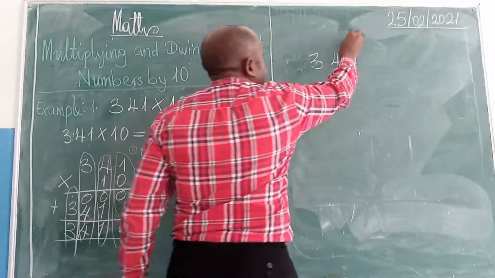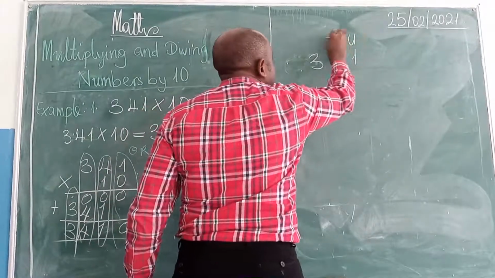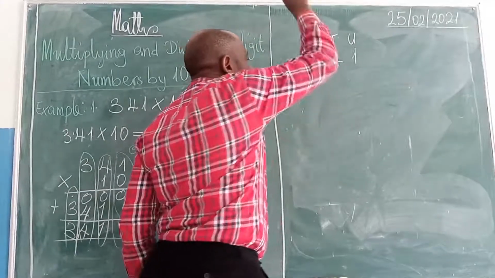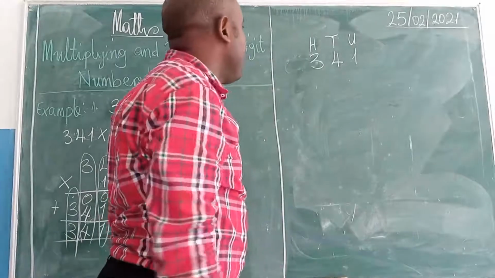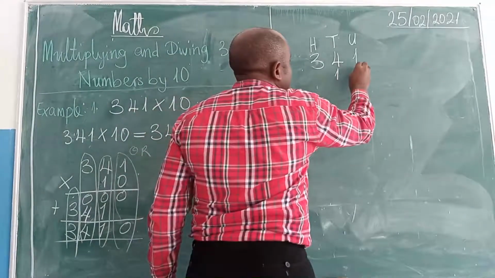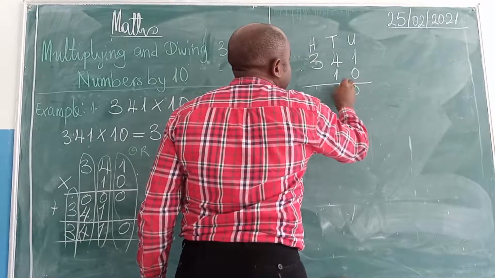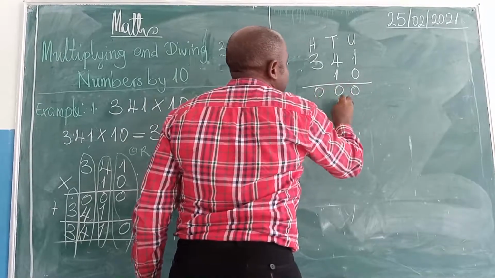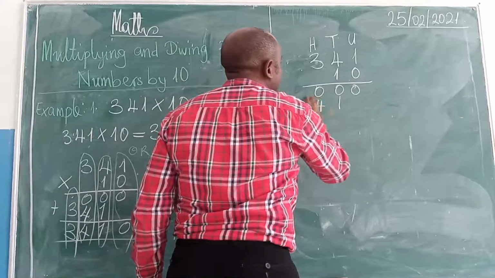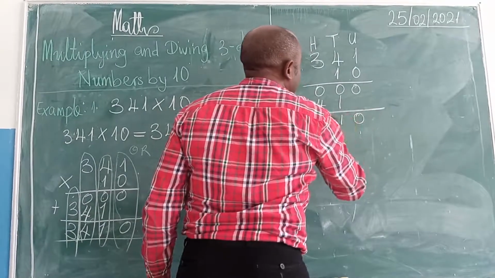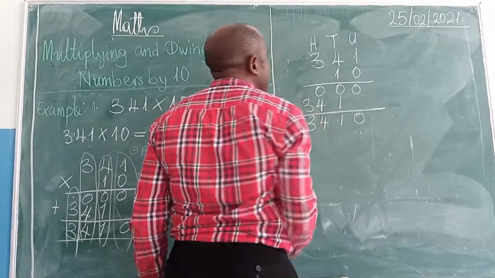341. This is the unit, this is the 10, this is the 100. Now, we multiply it by 10, and we have this way 0, 0, 0. We have 1, 4, 3, and our answer came out to be 0, 1, 4, 3.